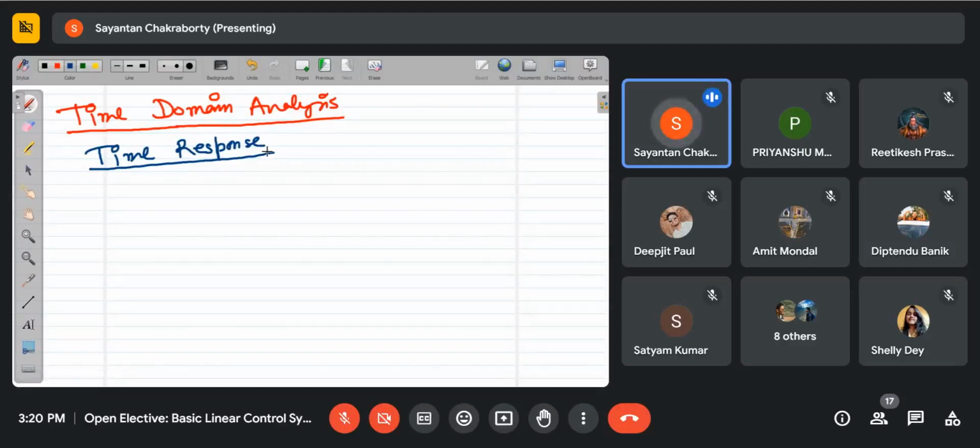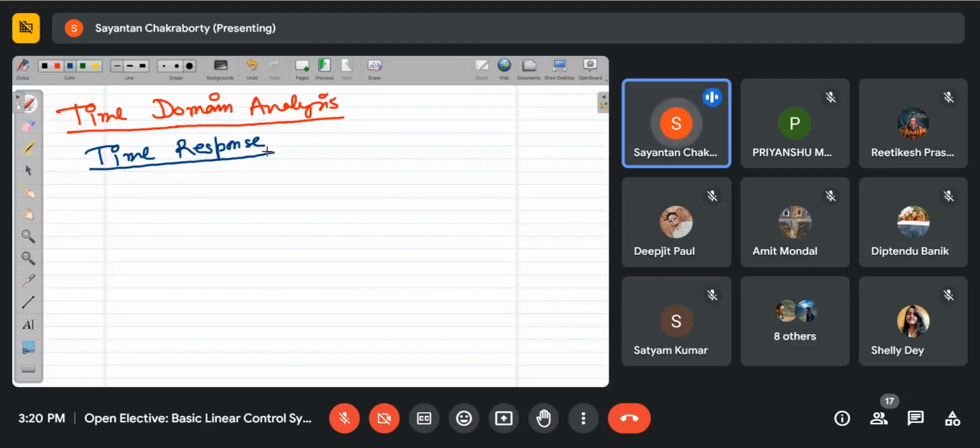And invariably, in each and every aspect of life, not only in system theory, we use time as an independent variable and evaluate the output, or in some situations, state variables or states with respect to time. That is why it is called a time response.